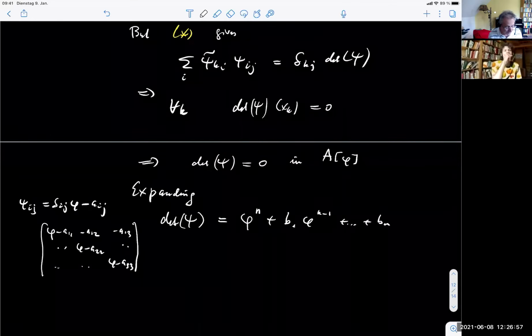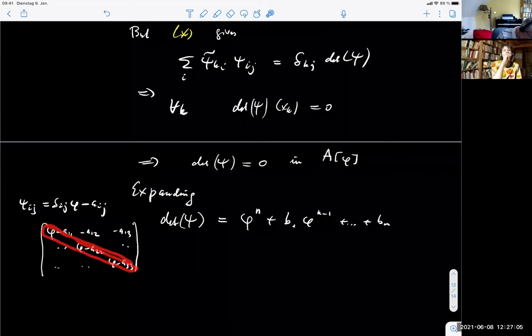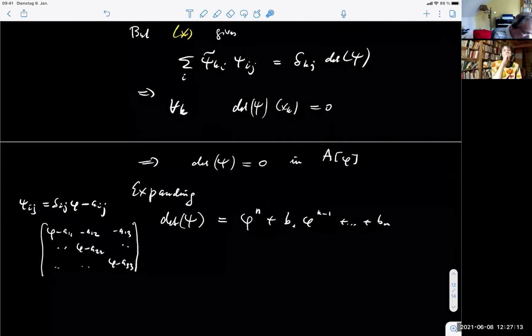You multiply the diagonal terms, and you just imagine mentally how you compute this. The only information that I need is where the B's lie.